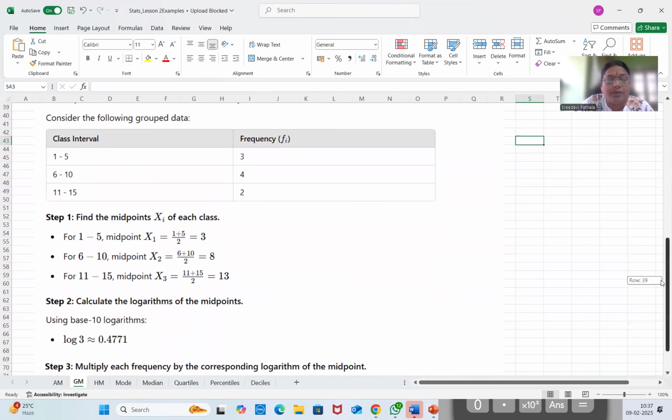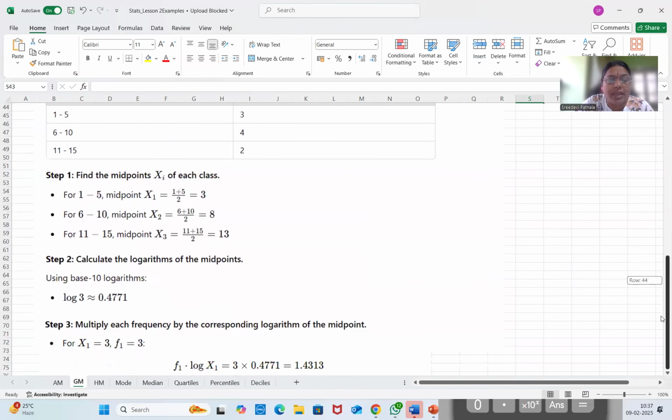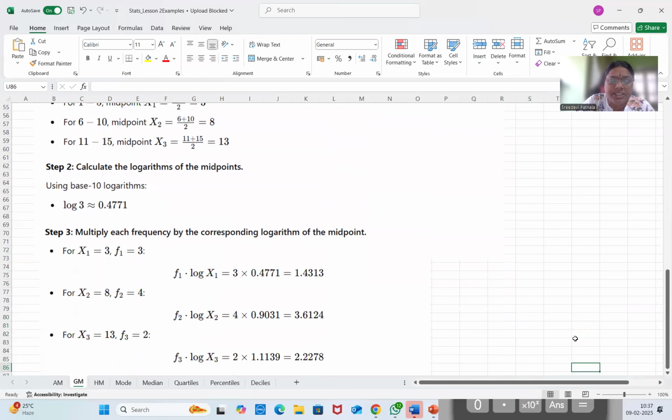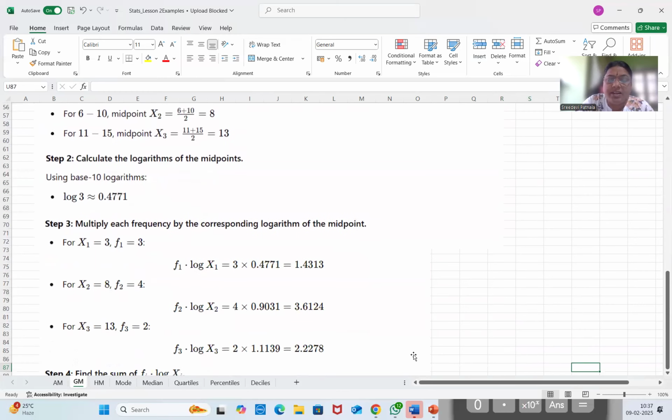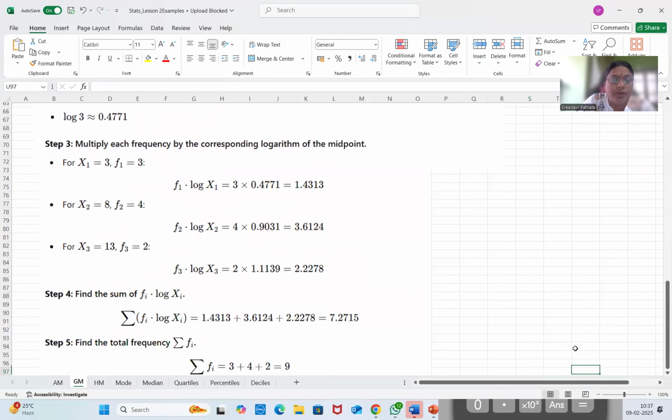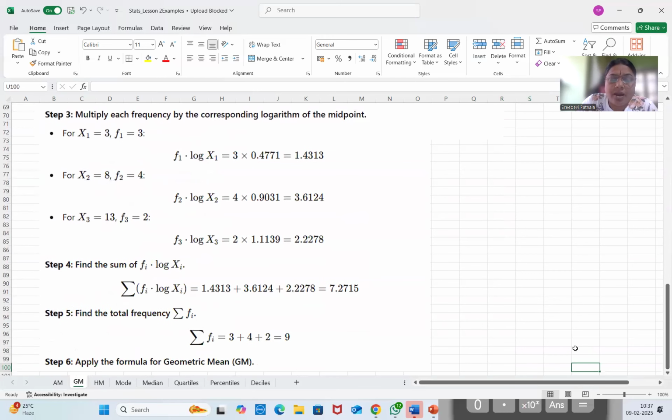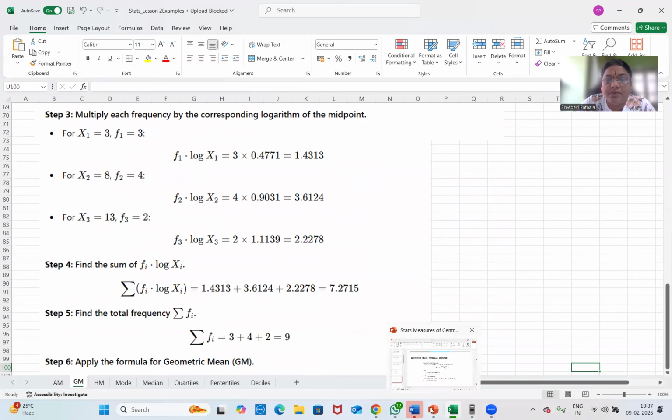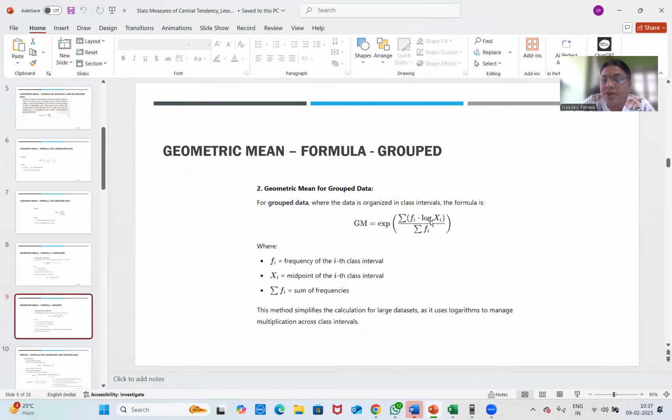Log 8 is nothing but 0.90. Similarly, frequency 2 into 1.1. After multiplying each fi into log xi, you have to add all these values, because you have the formula as a summation. If you remember, first you have to multiply fi log xi.